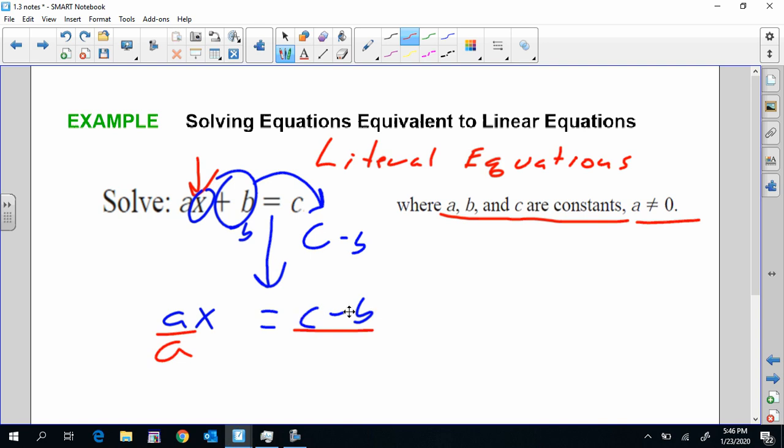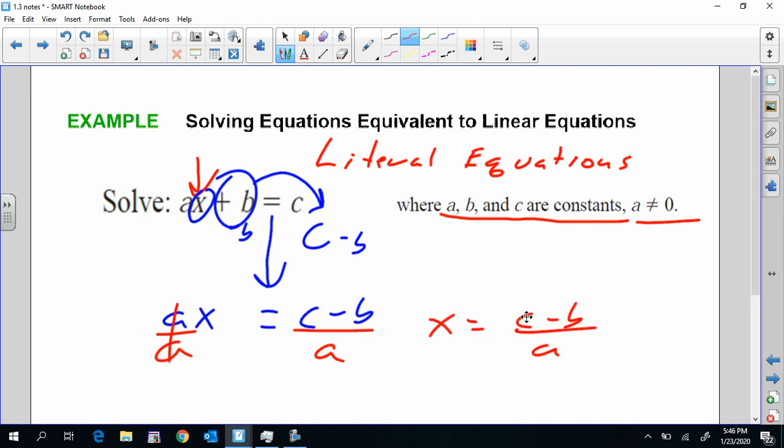Because these two terms should be subtracted if they were numbers, before I do the division, if that was a 3 and that was a 5, we would get -2. We draw the division bar long enough so that it groups them and says, yeah, subtract them first and then divide by a. And we get x equals c minus b over a.